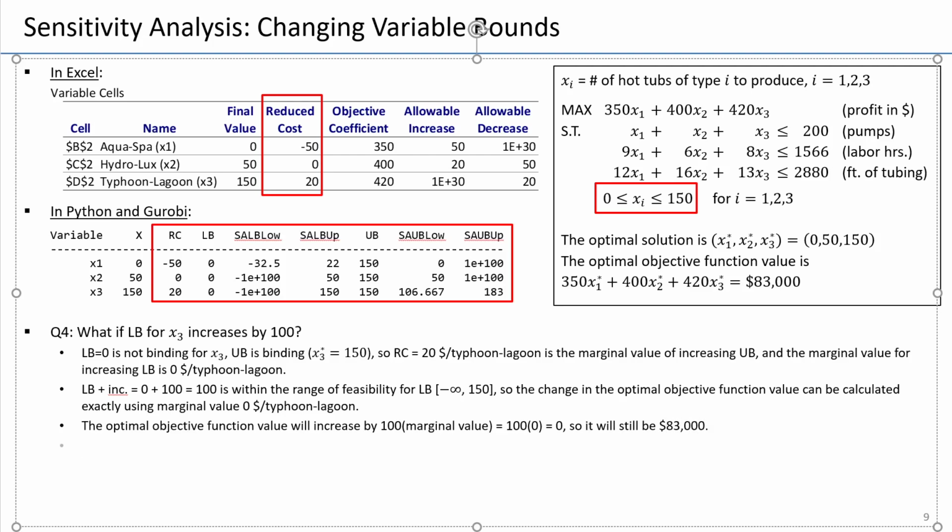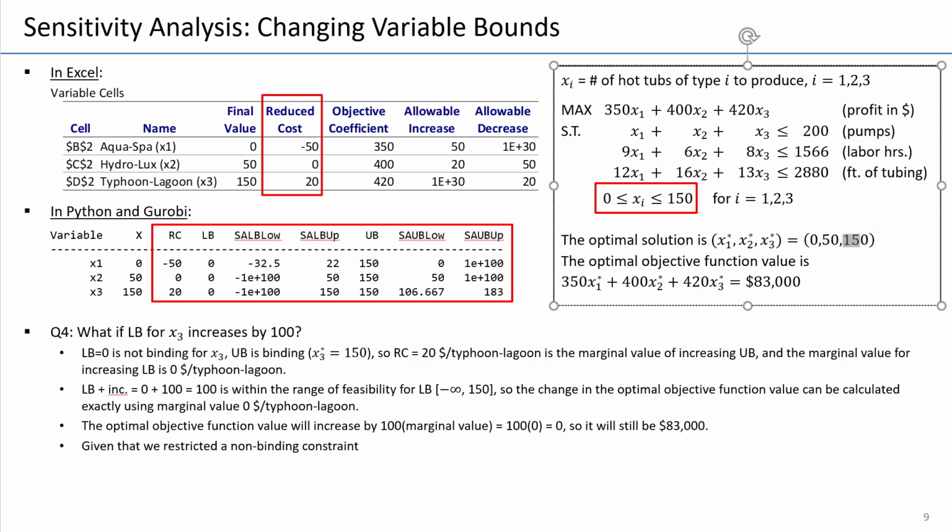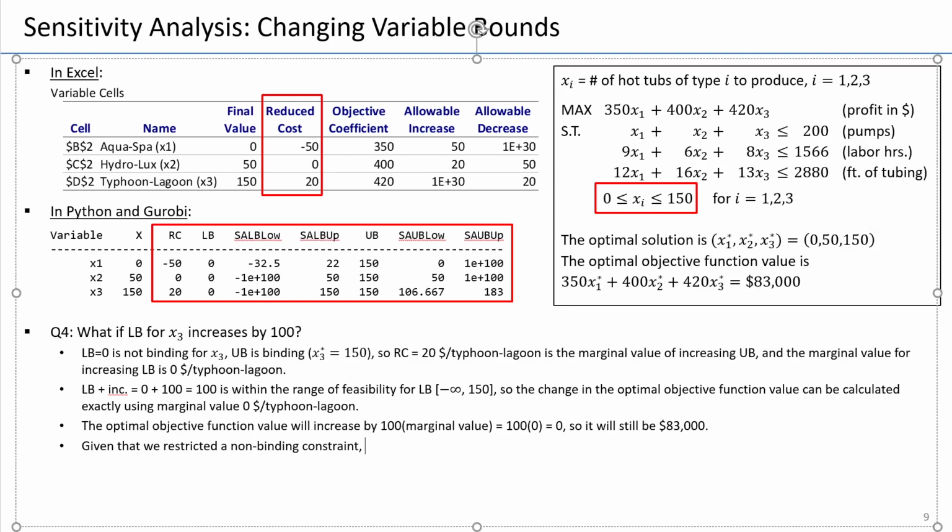And given that we restricted a non-binding constraint, this lower bound 0 for the third variable was not binding. The optimal value was 150. We restricted it, but we did not restrict it so much that the optimal solution would stop being feasible.